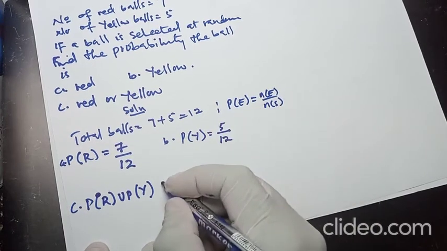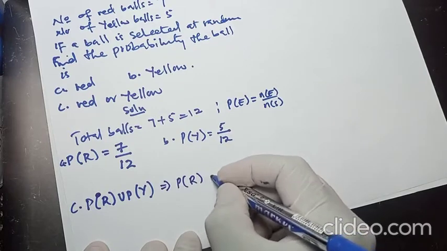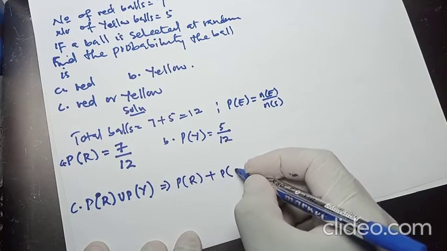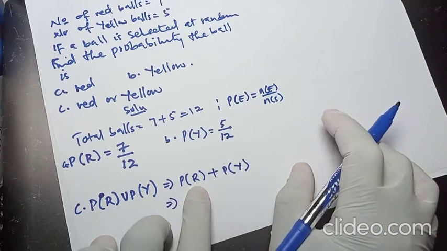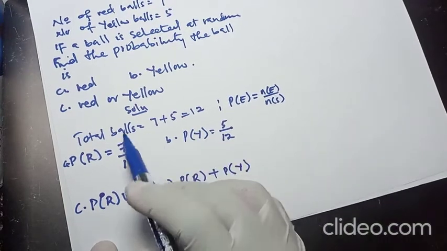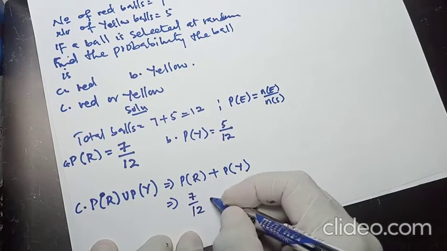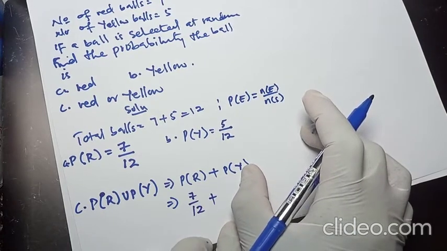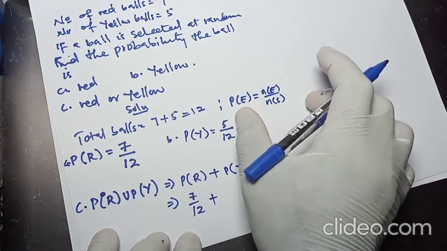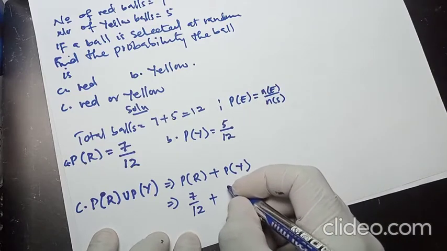So this becomes the probability for red plus the probability for yellow. So you ask yourself, what's the probability of selecting a red ball? I think we've solved it here already. That is 7 on 12, plus the probability of selecting a yellow ball, which is 5 on 12. We have it here already. If you don't have it, then you need to solve it.